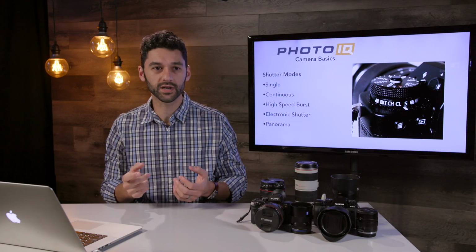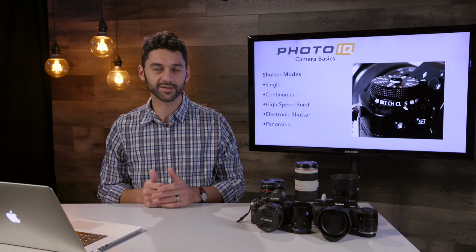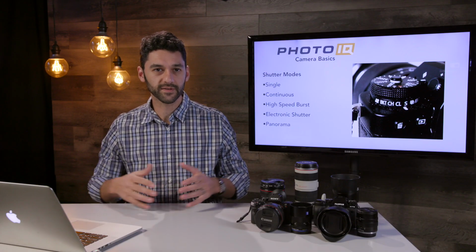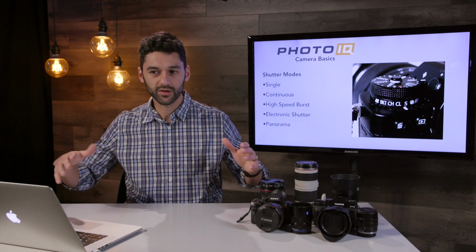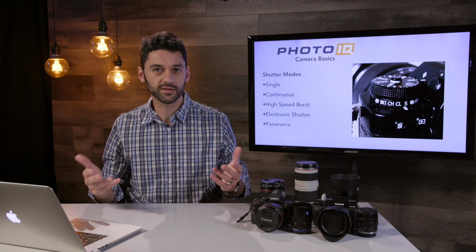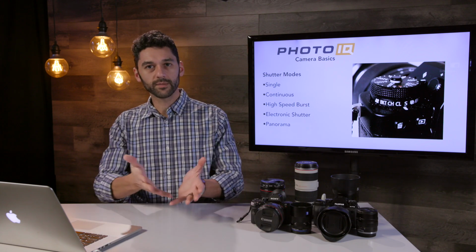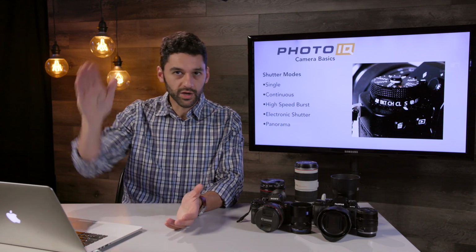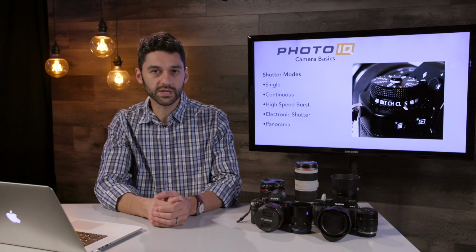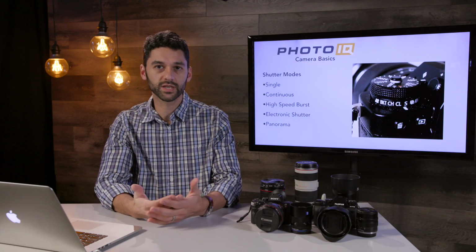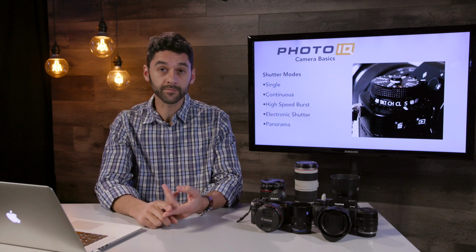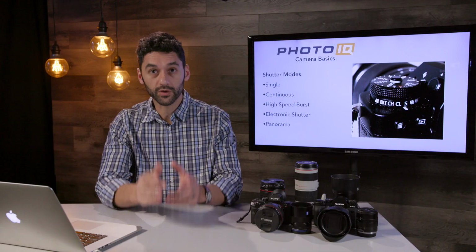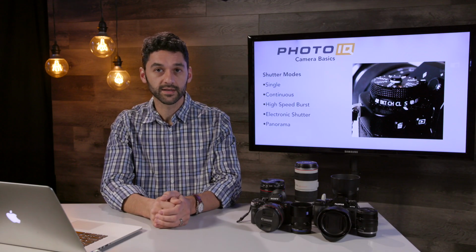And if you just take one, well, what if the player's eyes are closed? Or what if it's kind of an awkward position of the knees or something like that? You're going to want to make sure that you get a number of shots in that motion in order for you to choose which is A, the most flattering, but also B, the coolest point of that action.